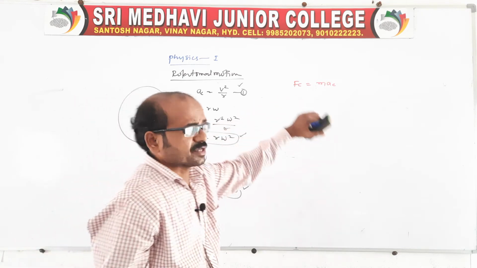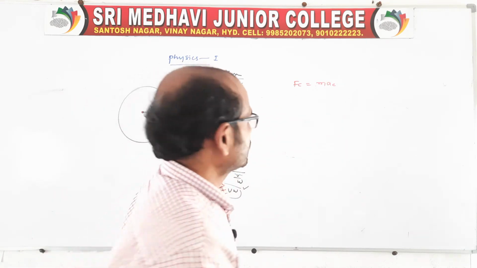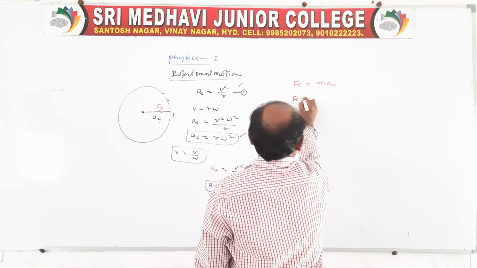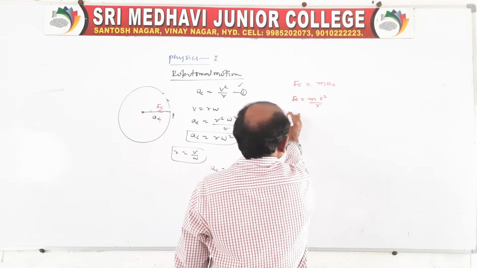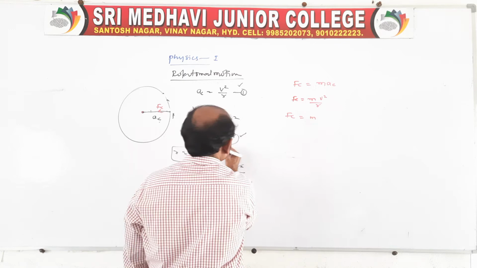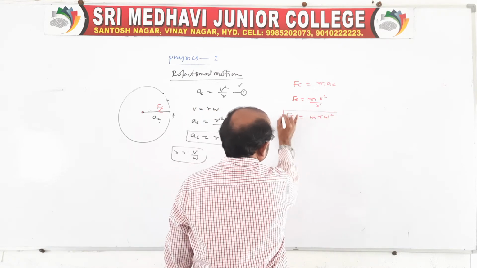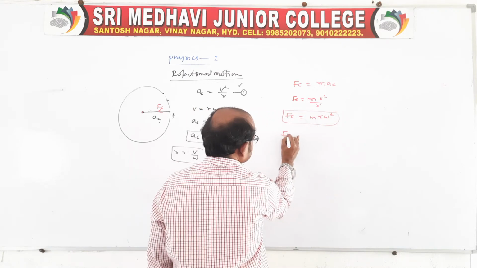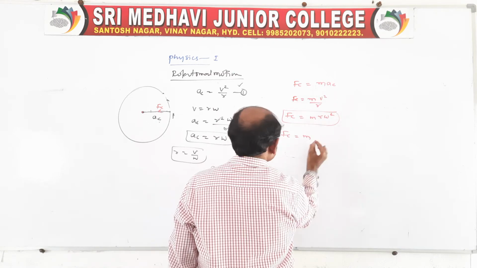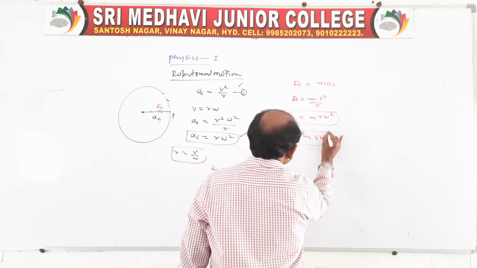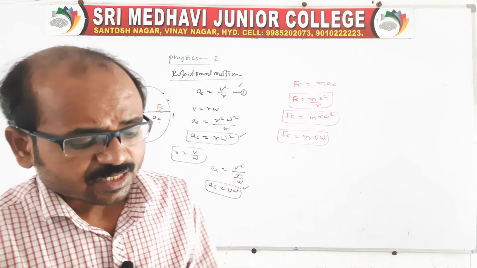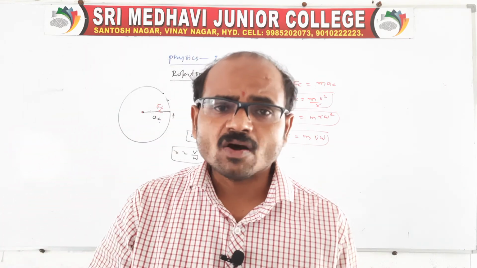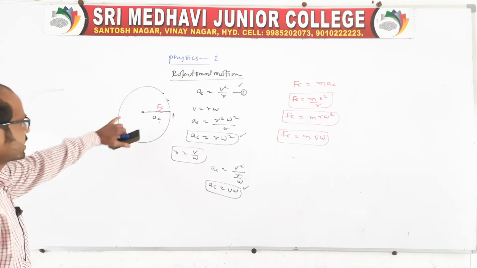So Fc is equal to M into AC: M v square by r is one expression, second is M r omega square, and Fc is equal to M v omega. These are all represented as the centripetal forces. Centripetal force is the force which acts along the radius vector towards the center.